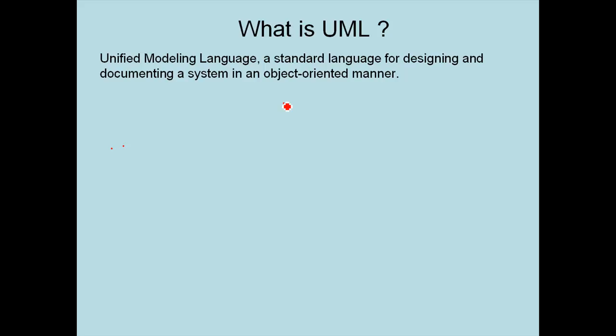Now, what does a modeling language mean? First, let's try to understand what a model is. I think that's more essential. A model is the final representation of a product.